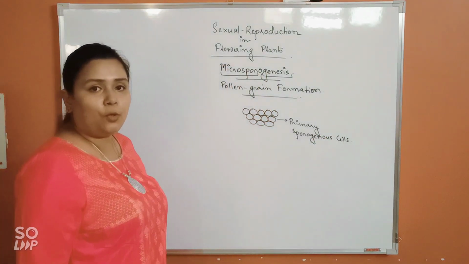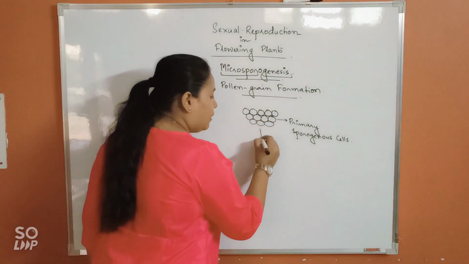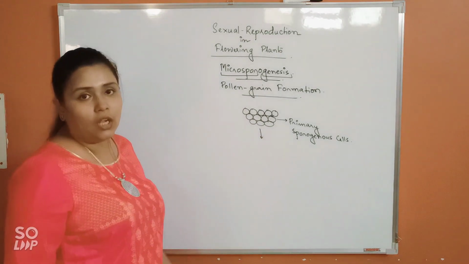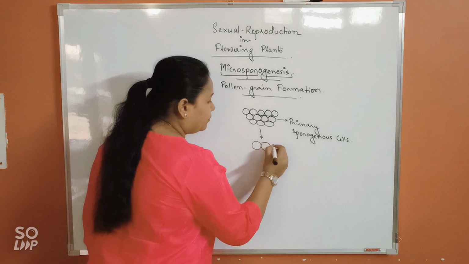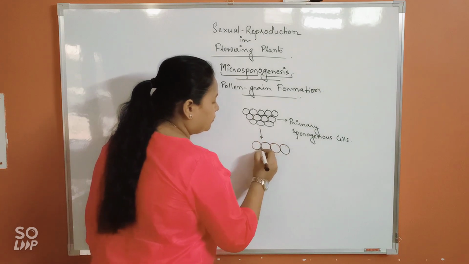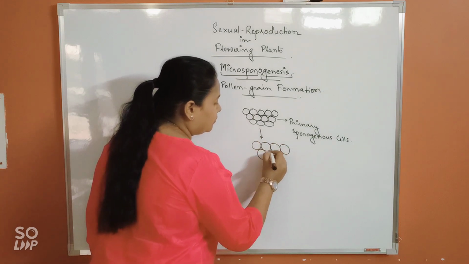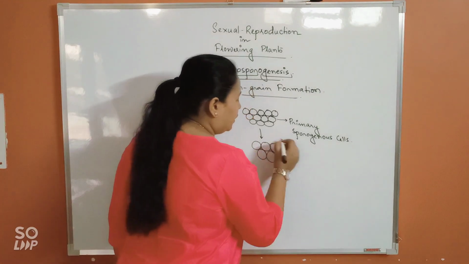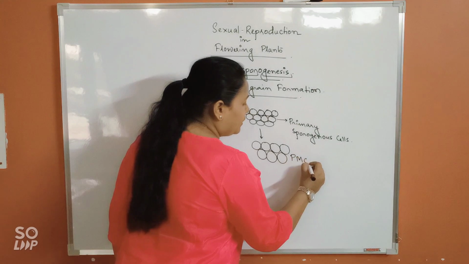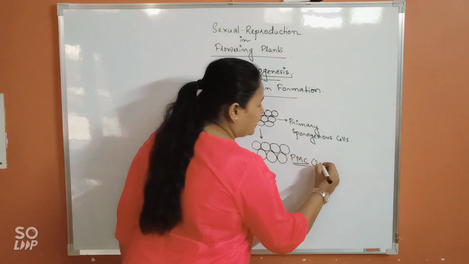The primary sporogenous cells, after getting proper nourishment and protection, will develop into pollen mother cells. Alright? So they directly will convert into pollen mother cells, which are diploid cells.